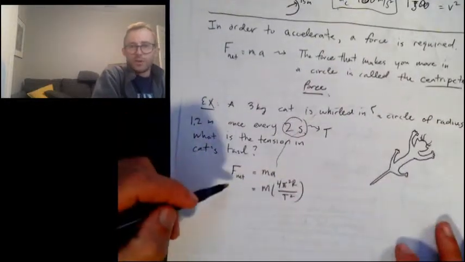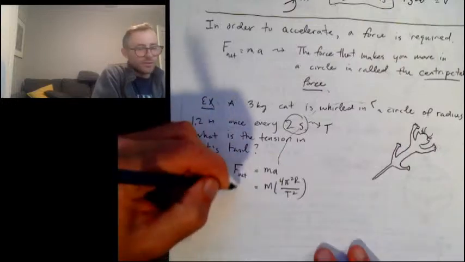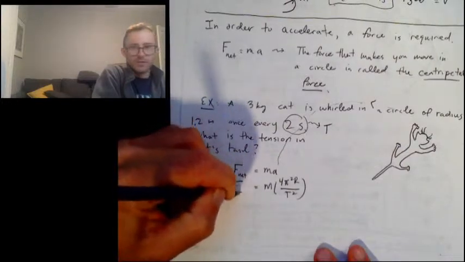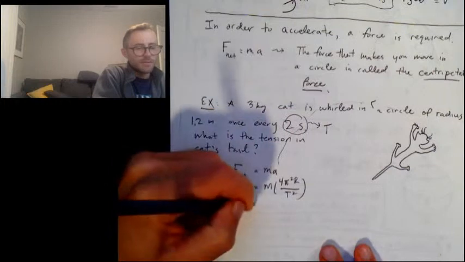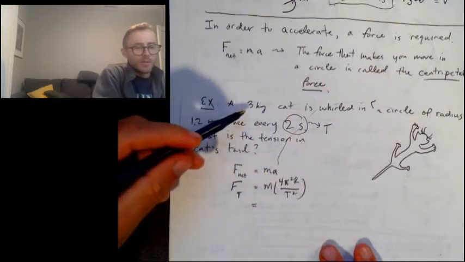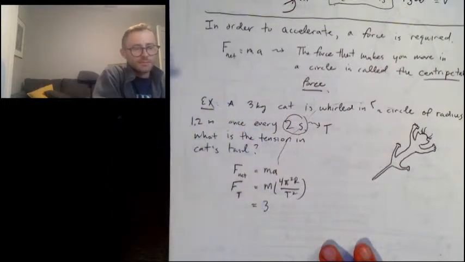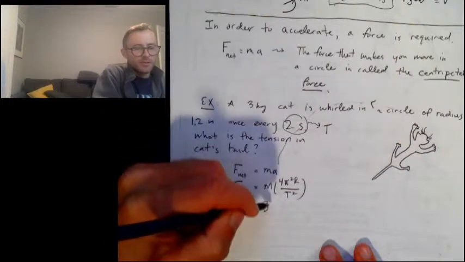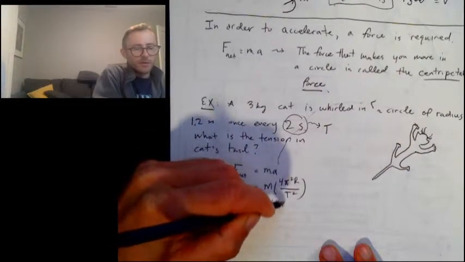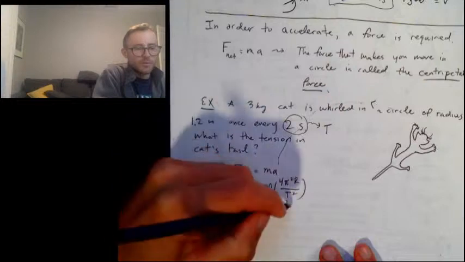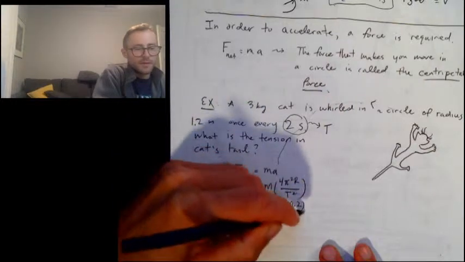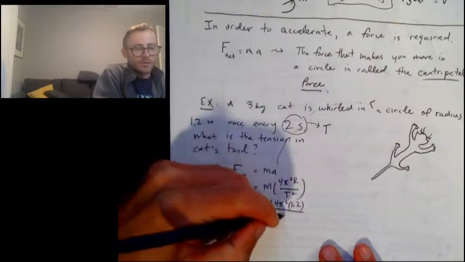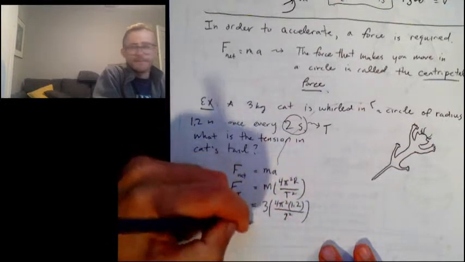The force that is playing the role of the centripetal force is the force of tension. So we have mass times acceleration, which is 4 pi squared r, 1.2, over period squared, so over 2 squared.